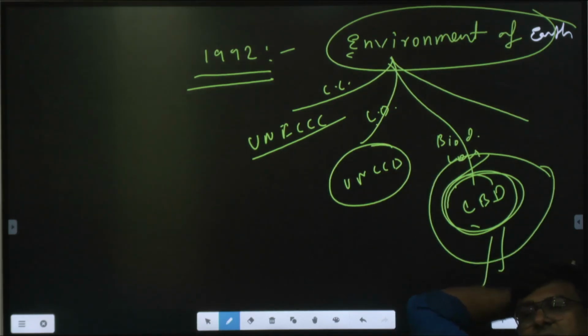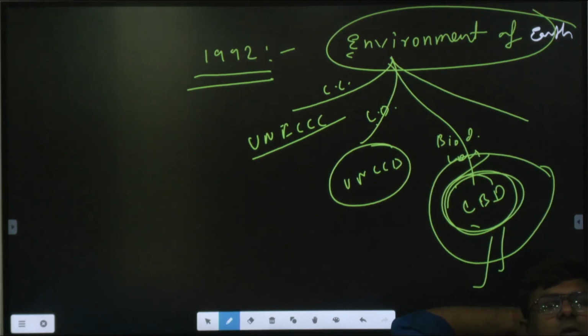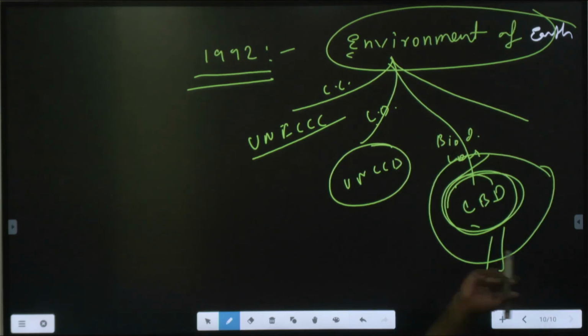In bracket, you should write down the complete name: United Nations Convention on Sustainable Environment. Full stop.